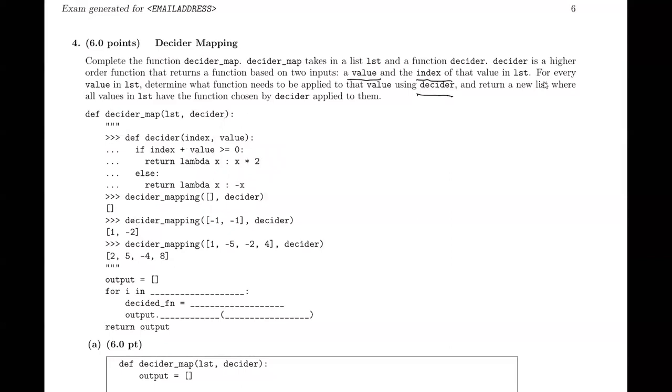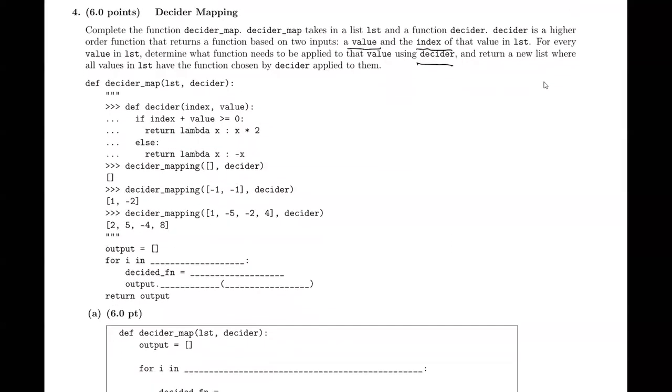Now, looking at the next doctest, we run decider map on this longer list and decider once again. Once again, we'll write out the indexes for each value. Looking at our first index value relationship, we have 0 and 1.